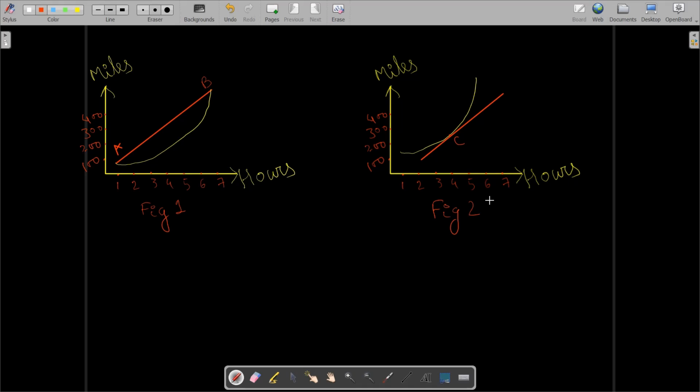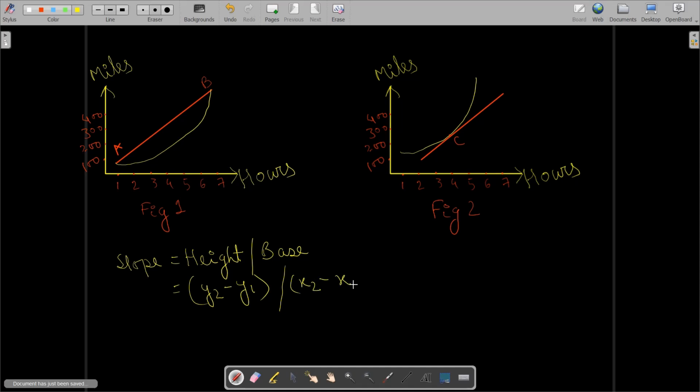For figure 1, if you know the xy coordinates of point A and B, you could easily calculate the slope. Slope equal to height by base equal to y2 minus y1 by x2 minus x1.